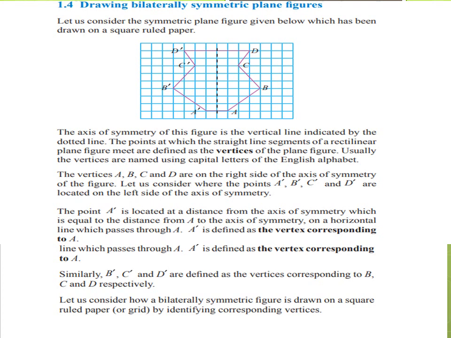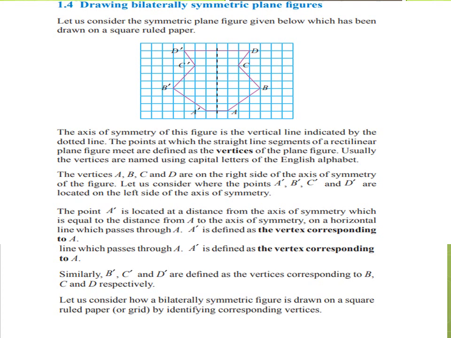Usually, the vertices are named using capital letters of the English alphabet. Second point, the vertices A, B, C, and D are on the right side of the axis of symmetry of the figure. Let us consider when the points A, B, C, and D are located on the left side of the axis of symmetry.